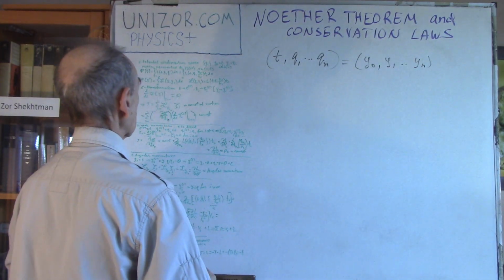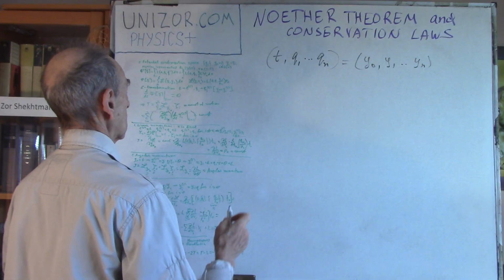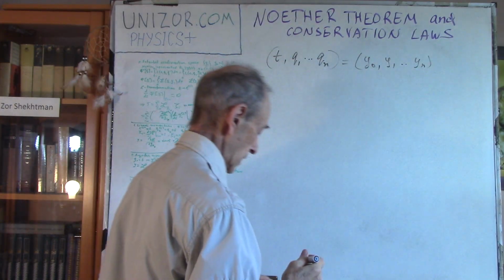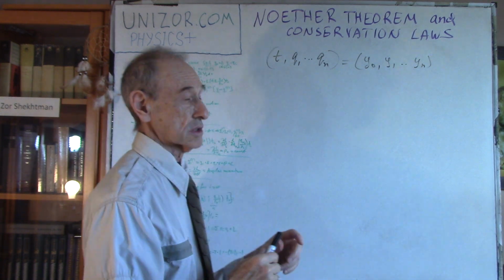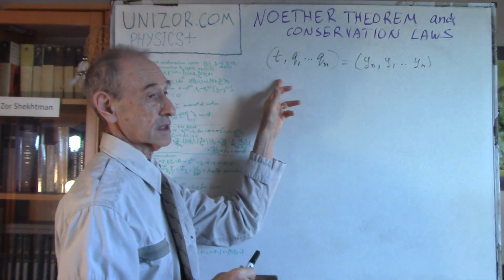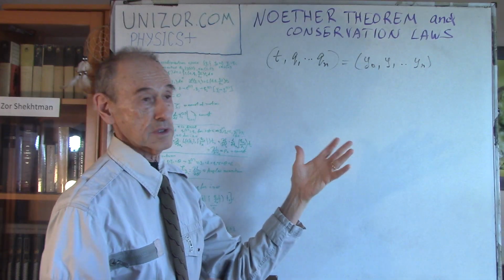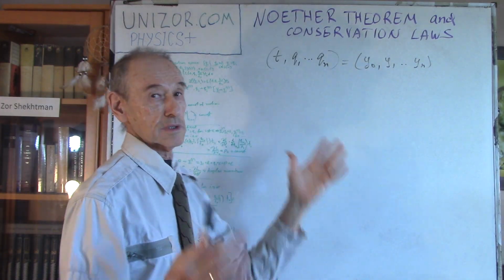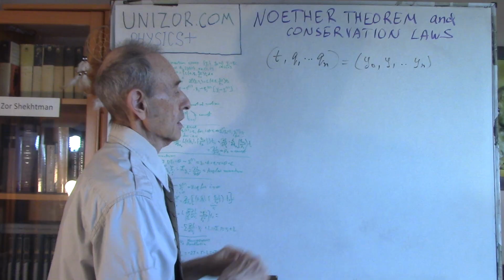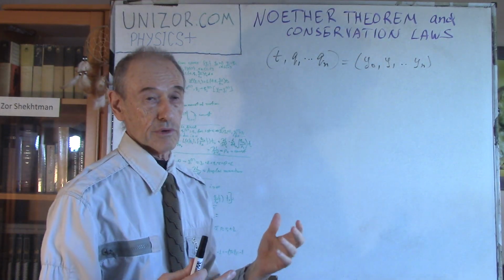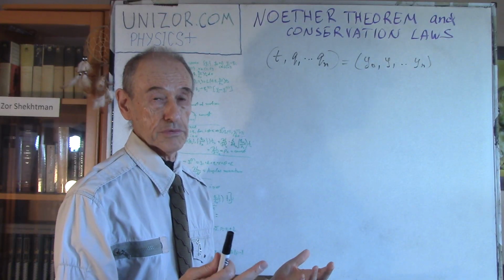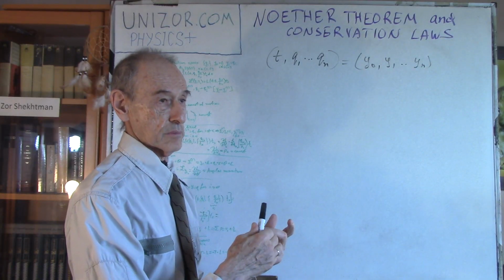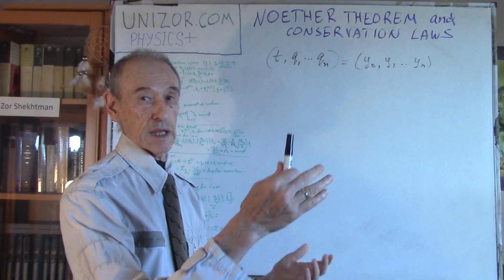Okay, so next was the fact that in the extended configuration space, which contains space coordinates and time as the n plus first coordinate, or zeroth coordinate, whatever you want to call it, the motion is represented by a curve, which has some beginning and end.